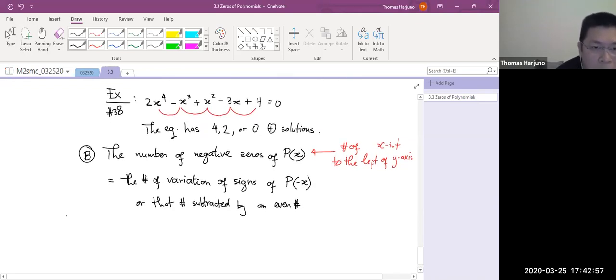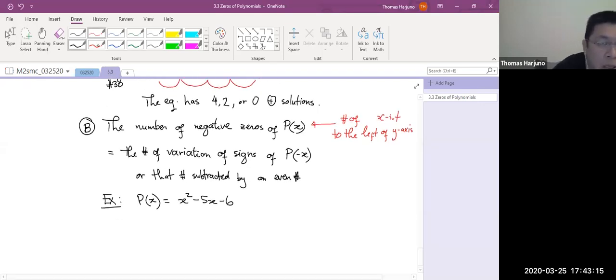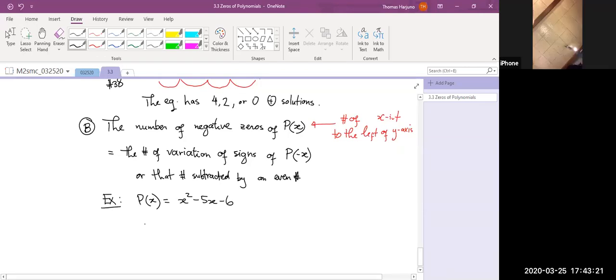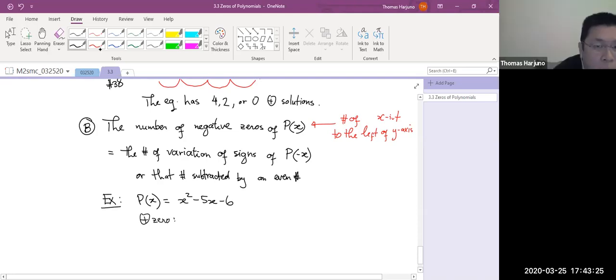Okay, this time let's apply both of these ideas to a more concrete example that we already know. Suppose I have P(x) equals x squared minus 5x minus 6. Now, how many positive zeros? Then we see how many times the sign changes. Positive, negative, negative.